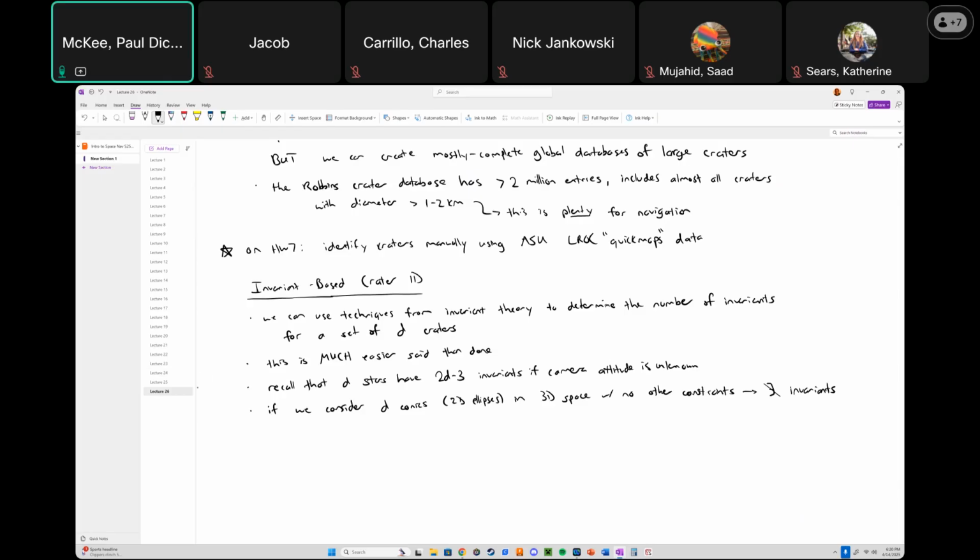So if instead we consider D conics, which are on the surface of an ellipsoid, like the surface of the moon or the surface of a sphere, then there exist 3D minus 6 invariants.